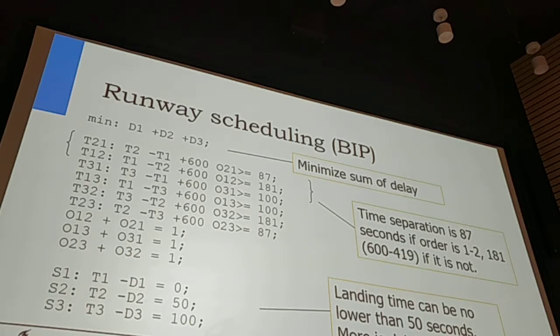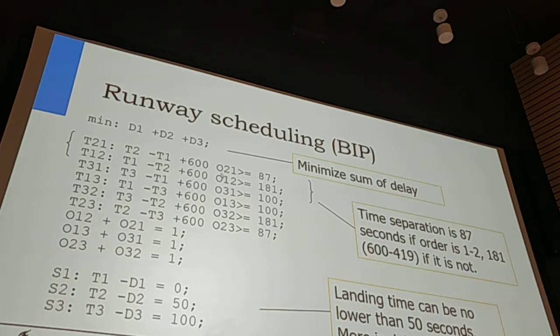Basically in this case we're minimizing the sum of the delay for each aircraft: delay for aircraft 1, delay for aircraft 2, delay for aircraft 3. Here what we're saying is that the time for aircraft 2 minus the time for aircraft 1, so the time difference from 1 to 2, has to be equal to 87 if the order is 1 to 2, because in that case this will be 0.